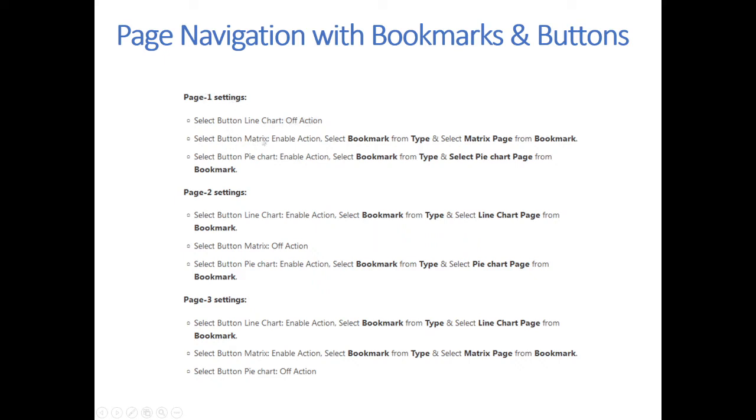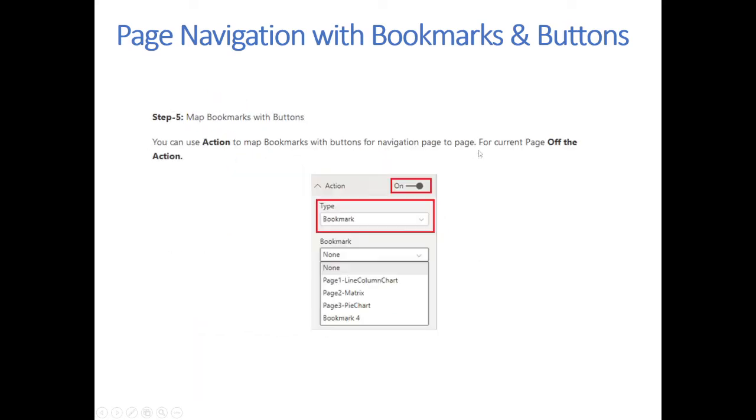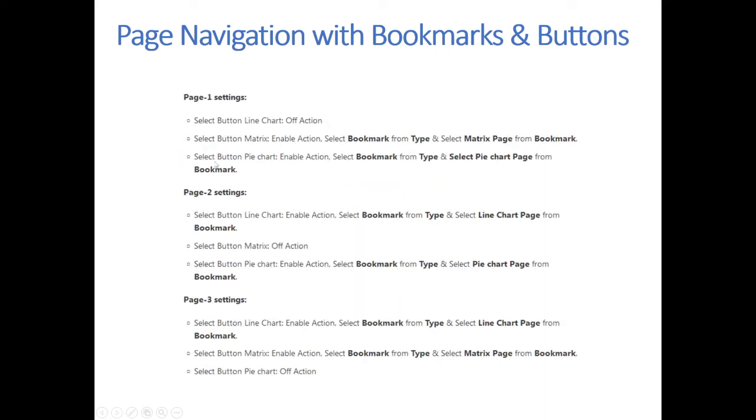So for the button matrix, enable Action, select Bookmark from Type, and then select the matrix page from Bookmark. So here, Type is Bookmark, and then select, for example, line column chart. So these are the things that we can select. Select button pie chart, enable Action.